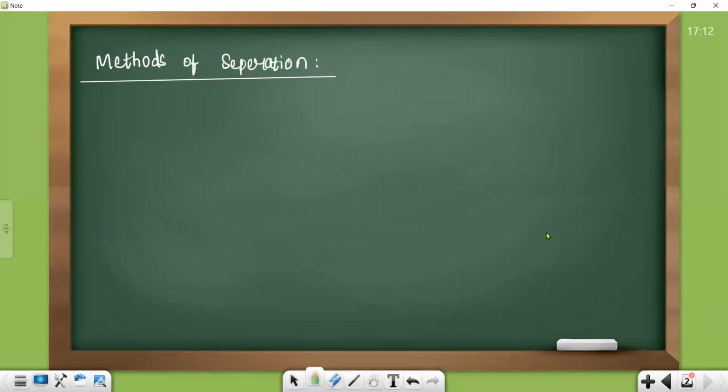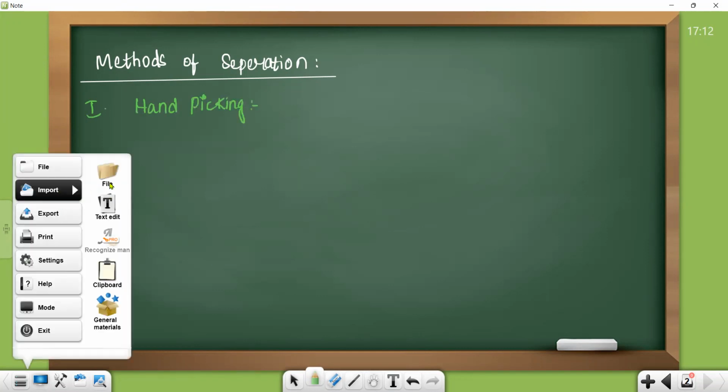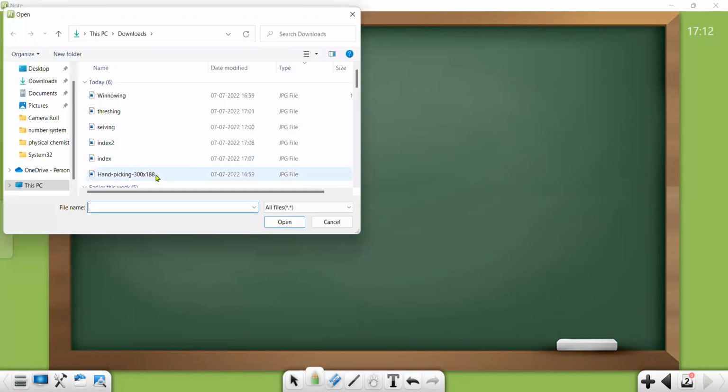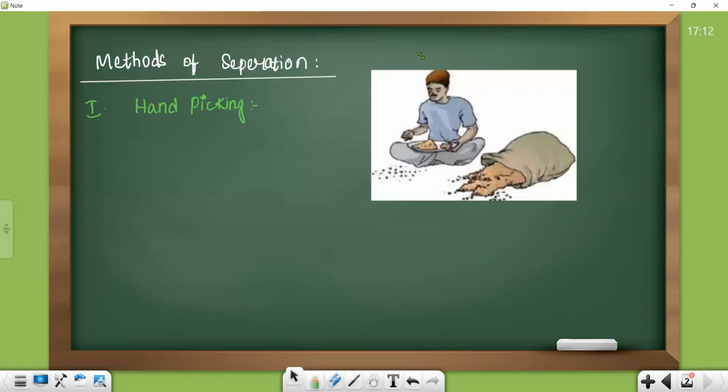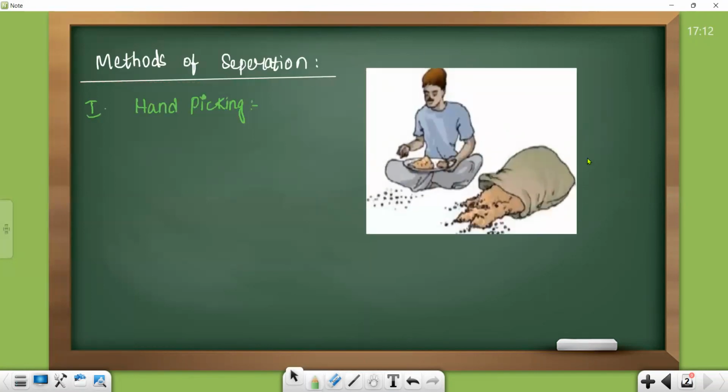The first method is the hand picking method. Have you heard this term? No, ma'am. Okay, let me show you the image. What is being done here?